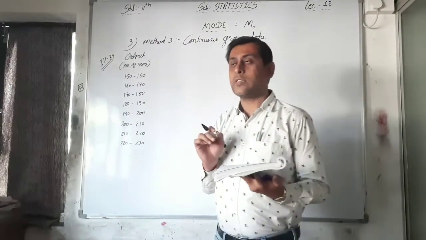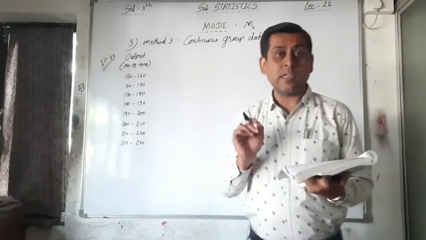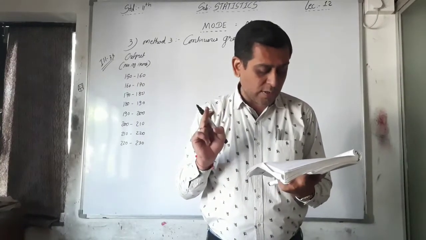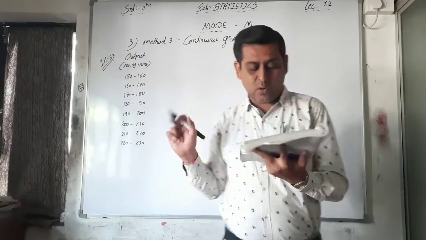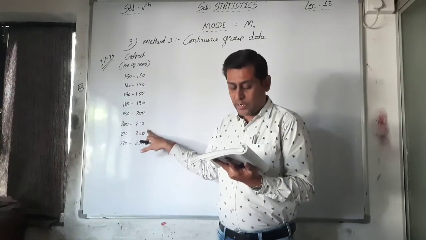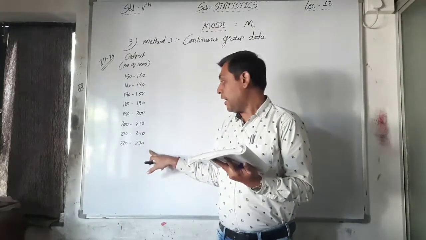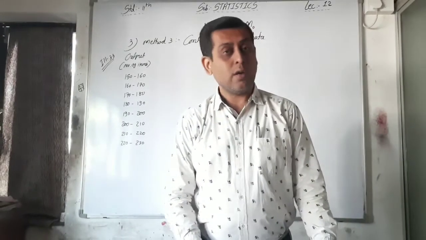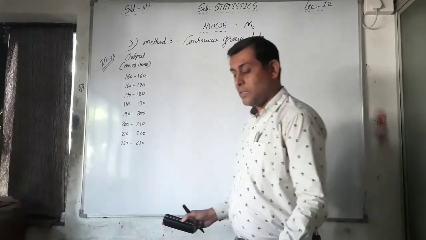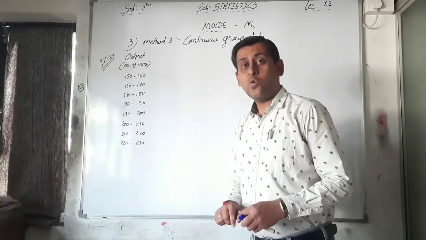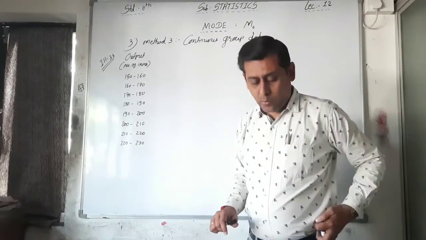So you just have to take care in reading the question. 150 to 160, 160 to 170, 170 to 180, 180 to 190, 190 to 200, 200 to 210, 210 to 220, and 220 to 230. Here the data is in continuous form, but sometimes it is not, so we have to be careful about that.